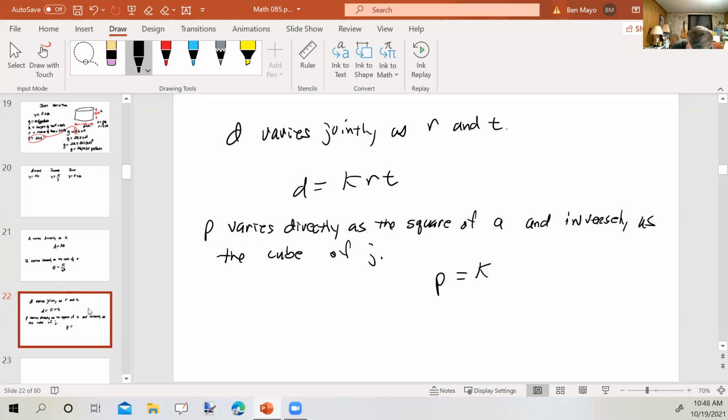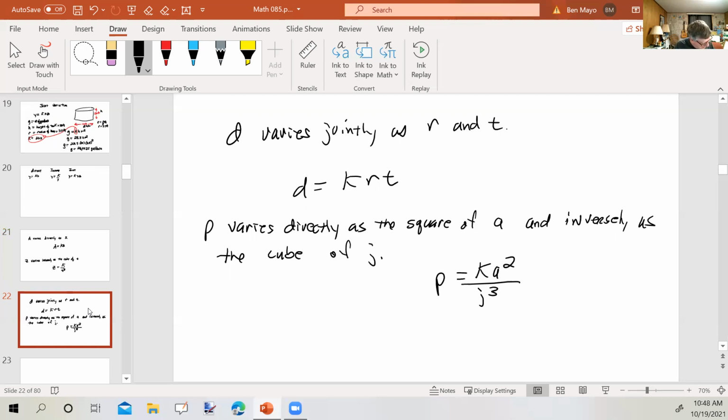P equals KA squared over J cubed. P varies directly as the square of A, and inversely as the cube of J. Okay, so again, K is always there and always on top.